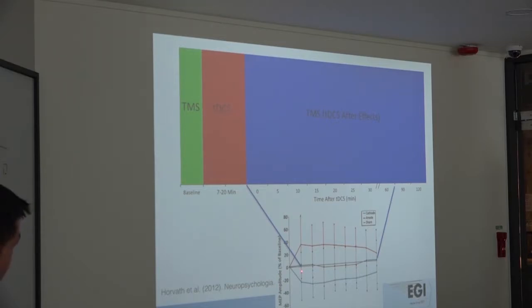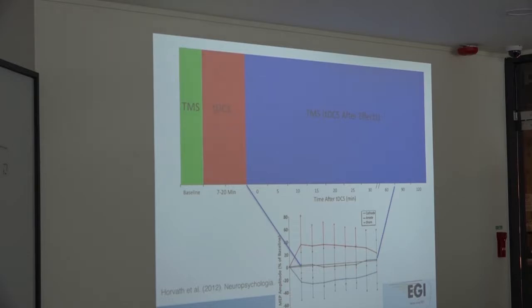Okay, and then you'll see over time, 5 minutes, 10 minutes, 15, up to 60 minutes later, if current is positive over here going in, your motor response gets bigger compared to the baseline. So this is baseline here. 0 is baseline. So this is a percent increase over baseline. So it gets stronger, given the same amount of TMS power.